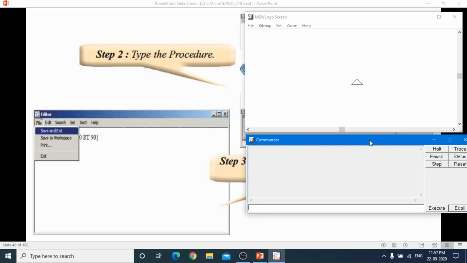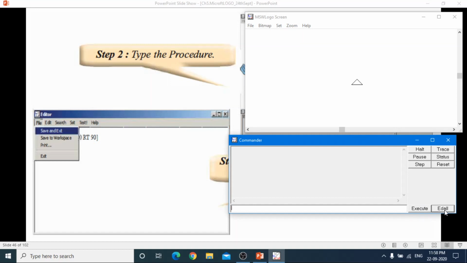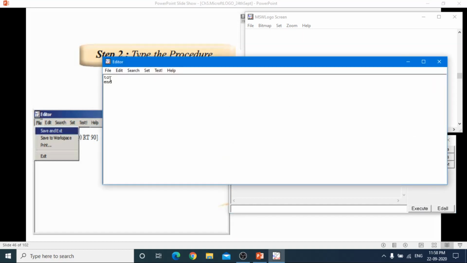After execute there is a button EDALL. Click on it, and this is the editor. Now TO is written, so we have to write the title of the procedure. After TO you write the procedure name, that is square.